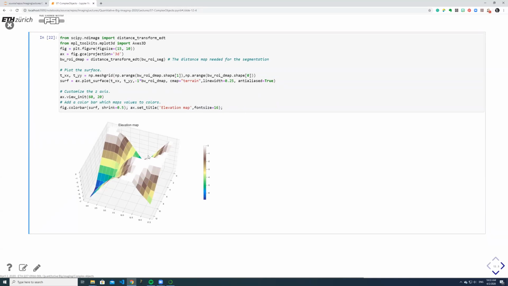So let's take a look at a distance map of this sample. So here you can see we have some snow-covered mountains, and we have the valleys. And now if we put water in this, you will see that the water will flow either in this direction, in that direction, or in that direction. And now what the watershed is doing, it's filling up more and more water until the water from 2 valleys are touching each other.